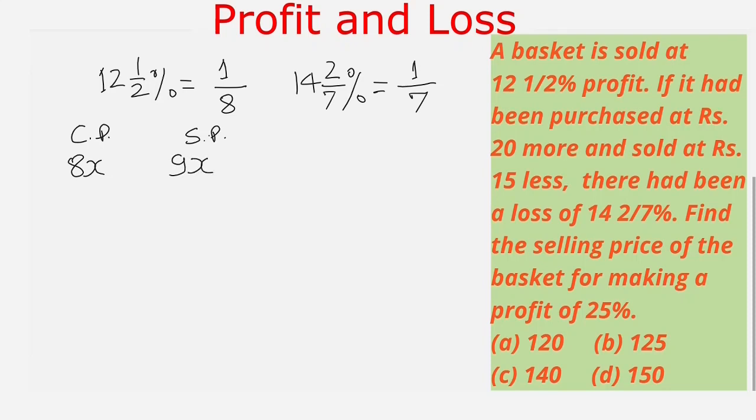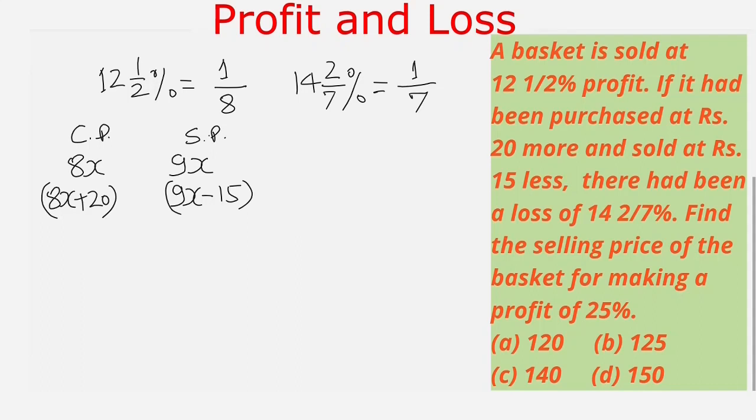And in second case, the purchase is increased by rupees 20. So new purchase cost or CP becomes 8x plus 20, and new selling price comes out to be 9x minus 15, as it is sold at rupees 15 less. Now earlier the profit was 12.5%. Now it has turned into a loss of 14 whole and 2 upon 7%.